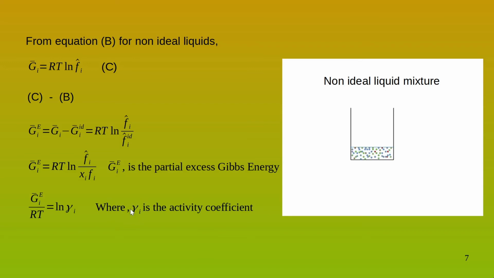Gamma i, once again I repeat, is the activity coefficient of component i. Well, the component i is again the red molecule, it could be any of the molecules. Activity coefficient of the red molecule in a non-ideal liquid mixture. It should be noted that the activity coefficient for an ideal liquid mixture is 1.